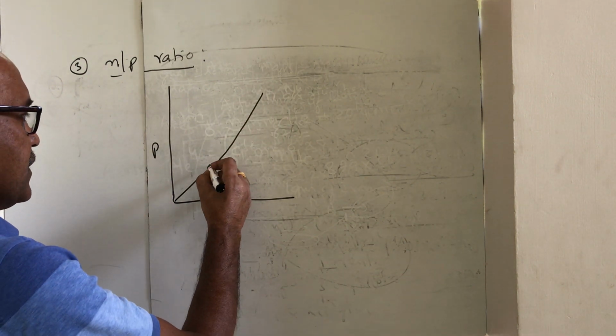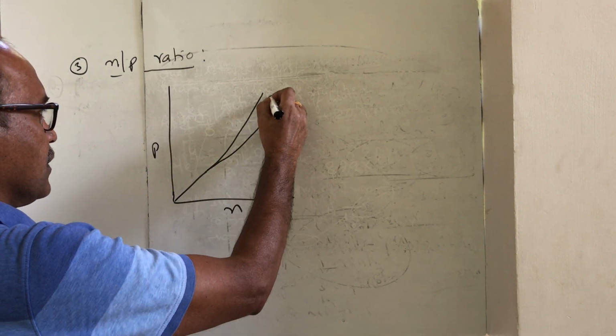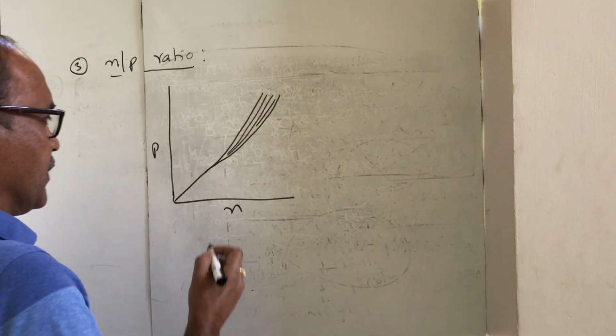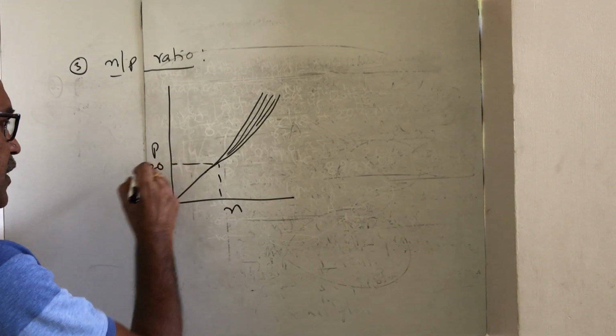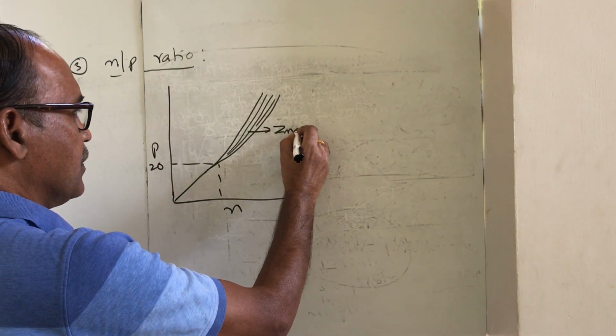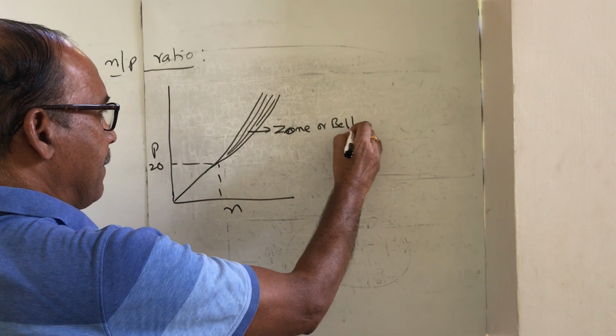Many elements have isotopes, hence a zone can be explored. This is up to atomic number 20. This is called the zone or belt of stability.